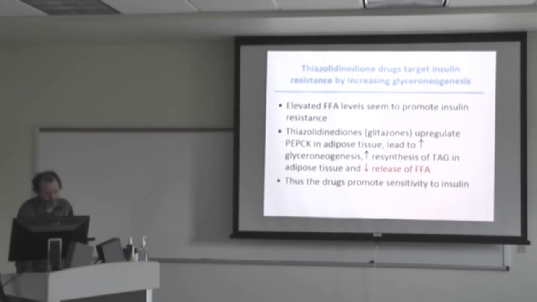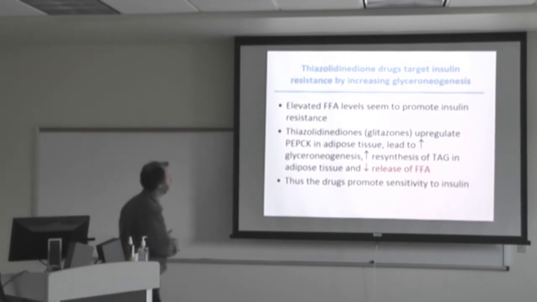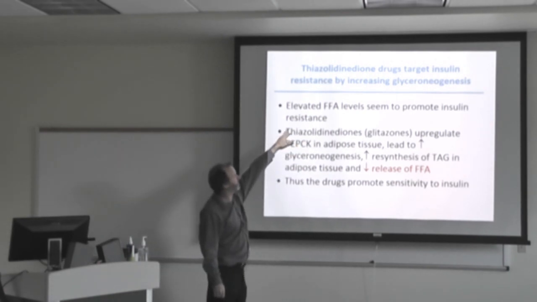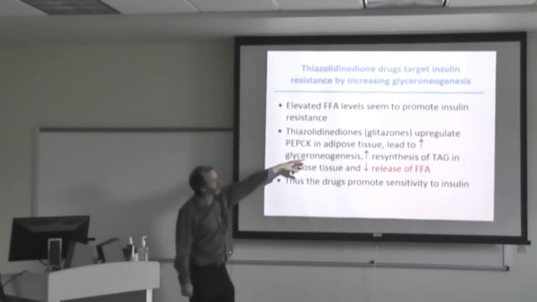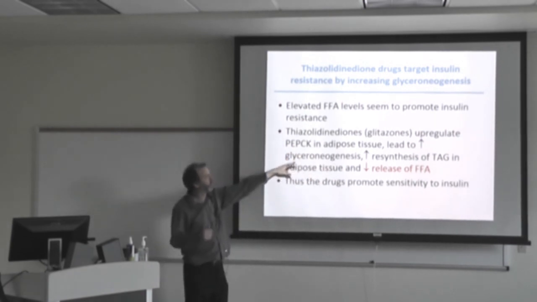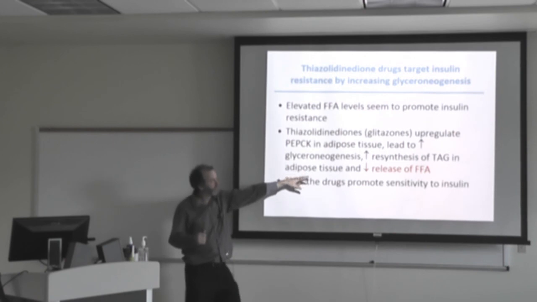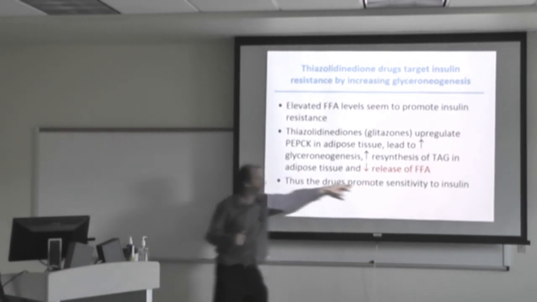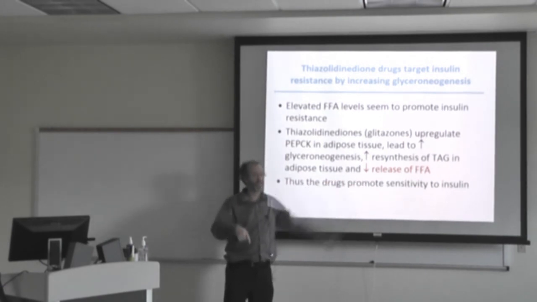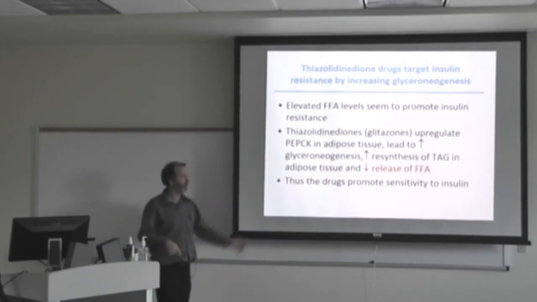Thiazolidinedione drugs target insulin resistance by increasing glyceroneogenesis. Elevated free fatty acid levels seem to promote insulin resistance. Thiazolidinediones, or glitazones, upregulate PEP carboxykinase in the adipose tissue, which leads to increased glyceroneogenesis, increased resynthesis of triacylglycerols in the adipose tissue, which decreases the release of free fatty acids into the blood.